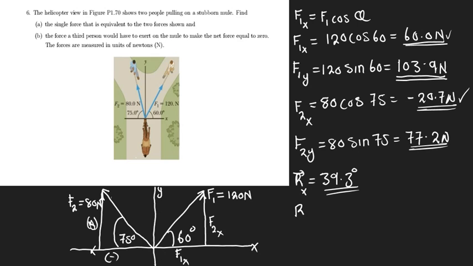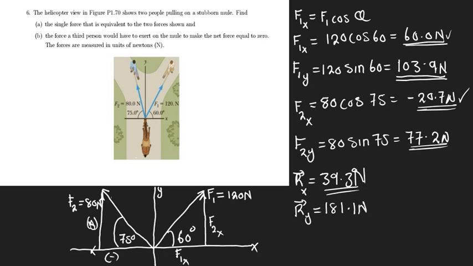Then to get my RY, I'm going to add everything in the y, and that is going to be 103.9 plus 77.2. I'm going to get 181.1 newtons.